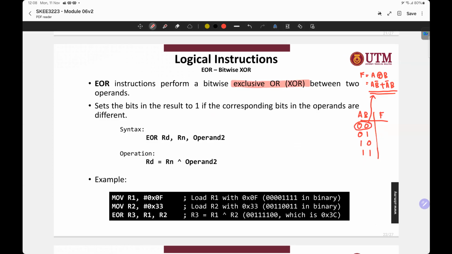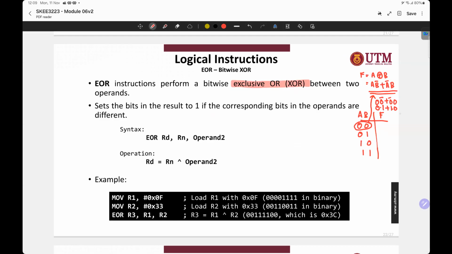In this case I just take 00 and put it inside this operation. So the logical expression becomes 0 0 bar plus 0 bar 0. A is 0, B bar is 0 bar, plus A bar is 0 bar and 0. 0 bar is actually 1. 0 AND 1 you get 0, plus 1 AND 0 you get 0.